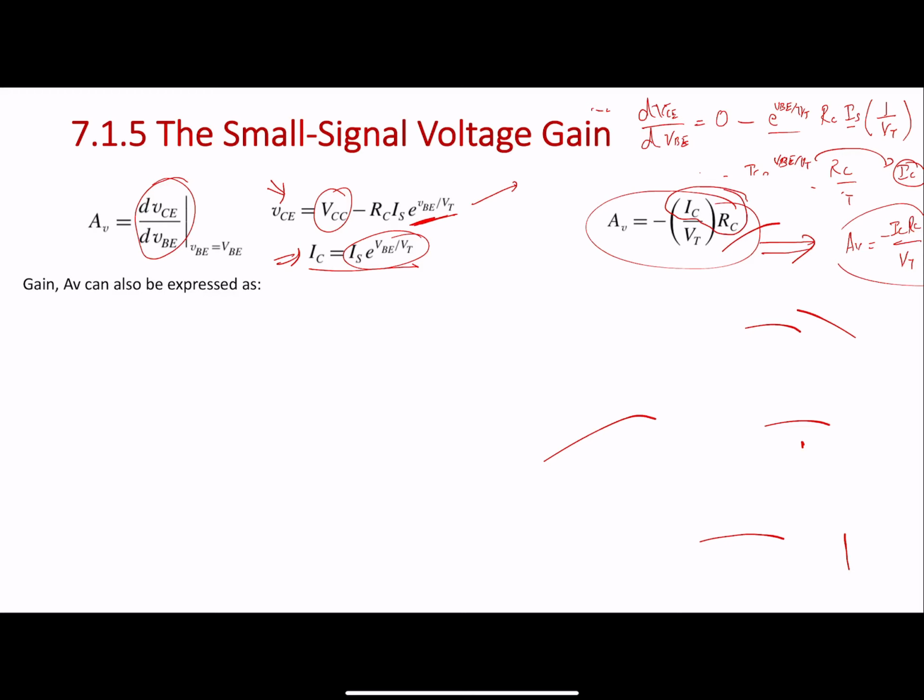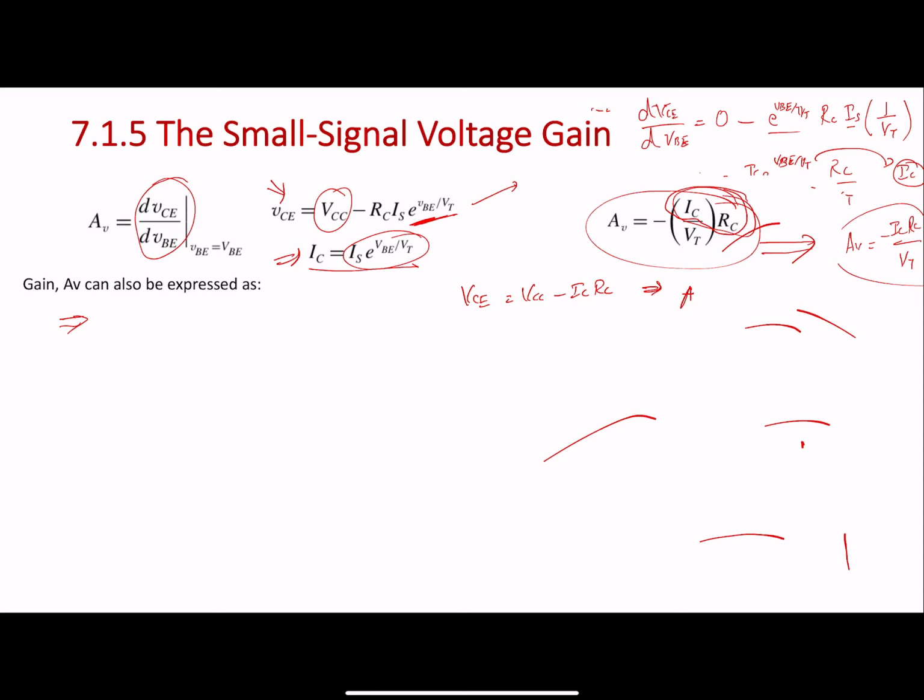ICRC. The voltage gain can also be expressed differently. From the last slide, we know that our value of VCE was equal to VCC minus ICRC. So we can take out this minus ICRC over here.